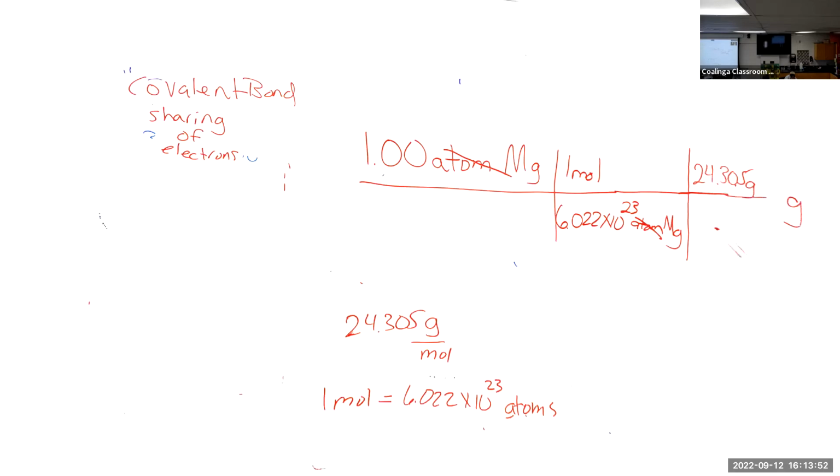And then we're going to put 1 mole at the bottom. Okay, and then that's going to equal 4.04 times 10 to the negative 23 grams.